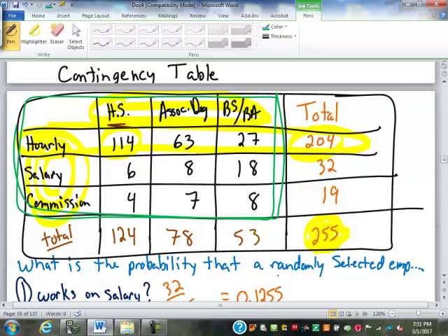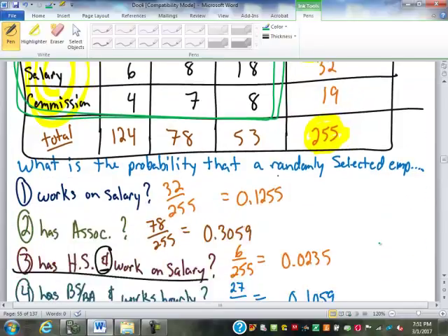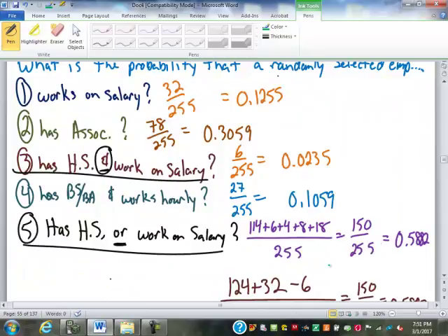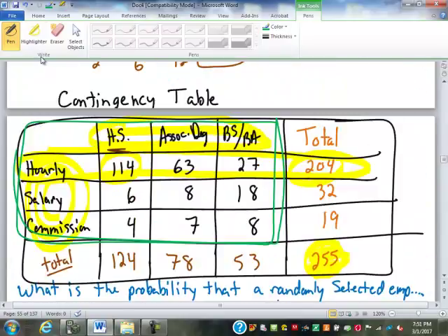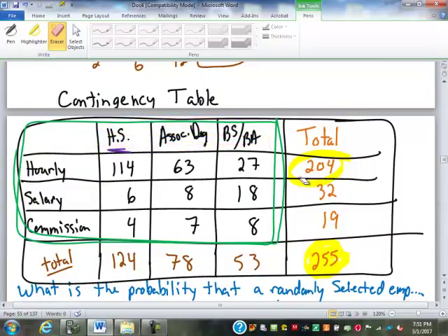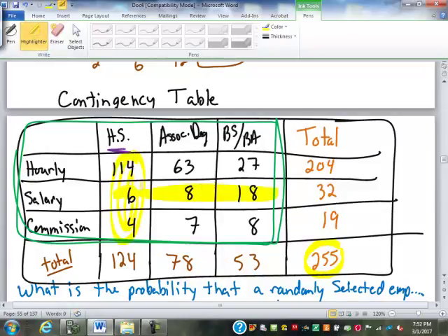Just going back to the "or" probability. Yep. Just to review, you add up both probabilities or both options and divide by the total. You just make sure you don't count the one twice, because this one was high school or salary, right? So that high school is all of these. Salary is all of these. You just got to make sure you don't add in that 6 twice.